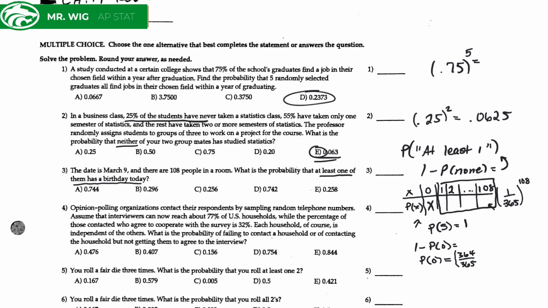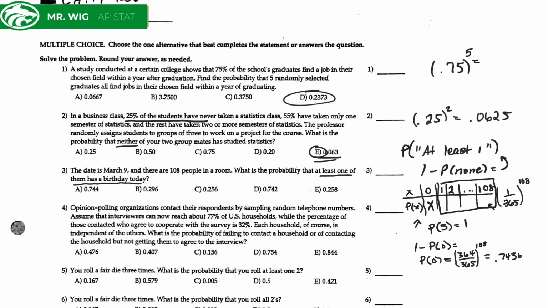I want to do it for all of them, right? I'm going to do that to the 108th power, and that's going to give us 0.75 something. That's the value that tells me that's not your birthday, right? That's 0.7436. That's the probability that 0 people have a birthday today.